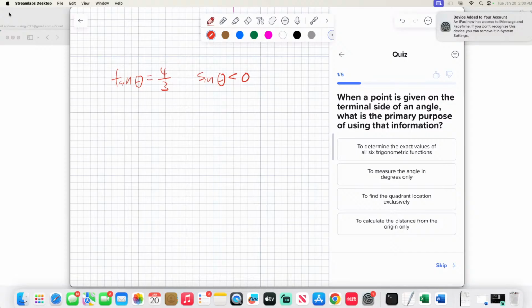This one is kind of tricky. So let you think about it. Which quadrant do you think theta is in?